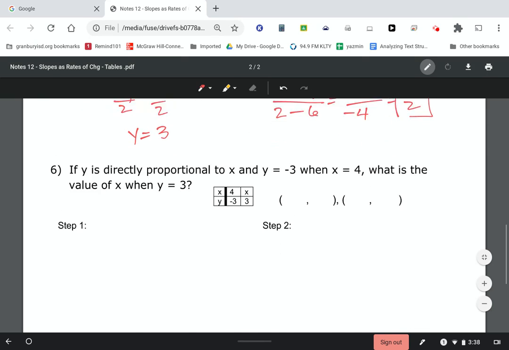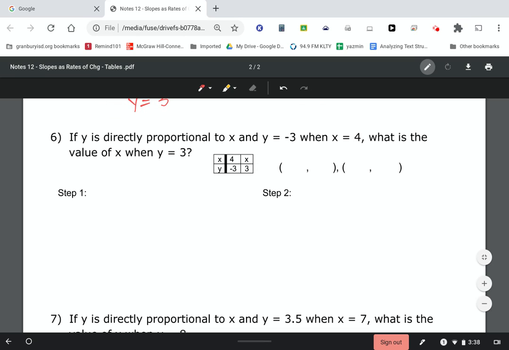All right, let's take a look at number 6. This one says if y is directly proportional to x and y is negative 3 when x is 4, so that would be an ordered pair of 4, negative 3.